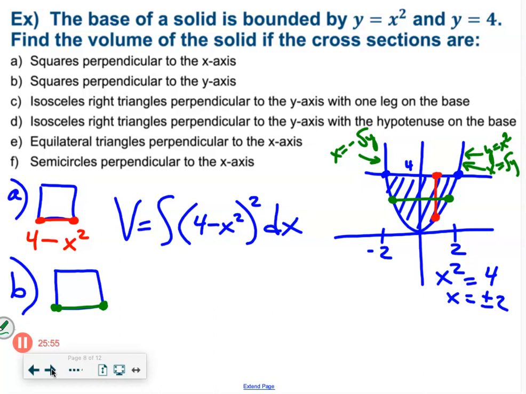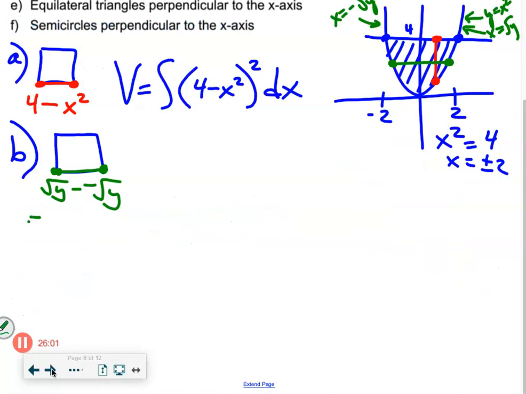So right minus left, we're going to have root y minus negative root y, which equals 2 root y. So now the side of our square is 2 root y. Right, Costa? Good.